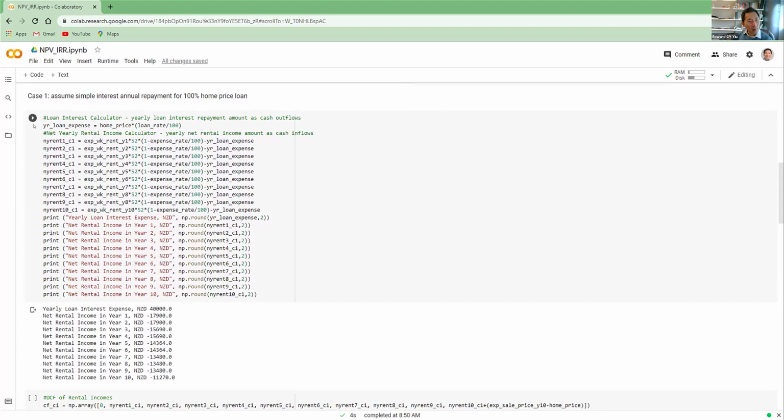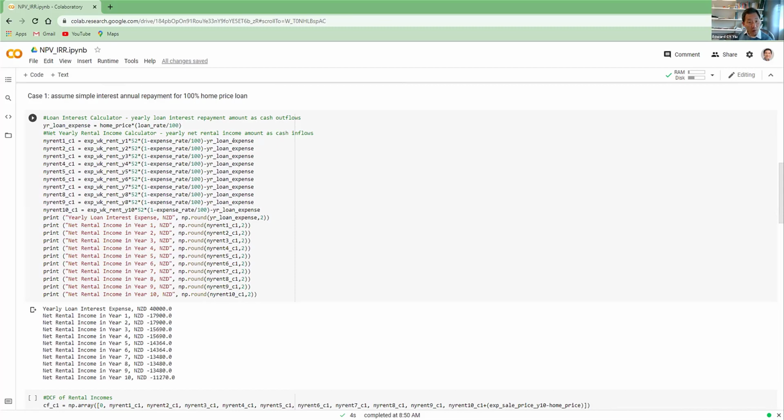Then in numpy, first of all, we have to define the annual net rental income. By means of the weekly rent times 52 becomes the yearly rent, and we assume that it requires 15% of the rental income to pay for management, rates, and maintenance.